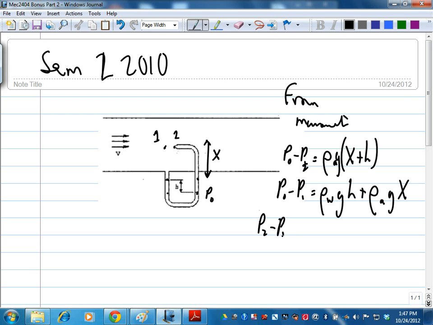So P2 minus P1 is equal to this one. You take 1 minus 2, and you'll get rho water minus rho air, G H. That one's easy. From 1 to 2, use Bernoulli.